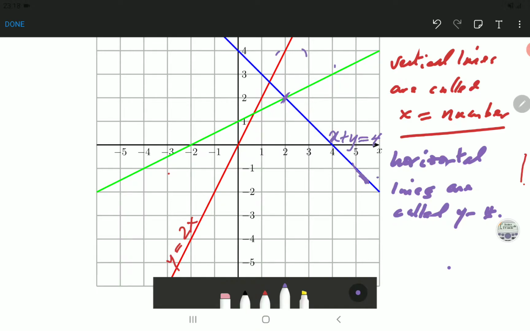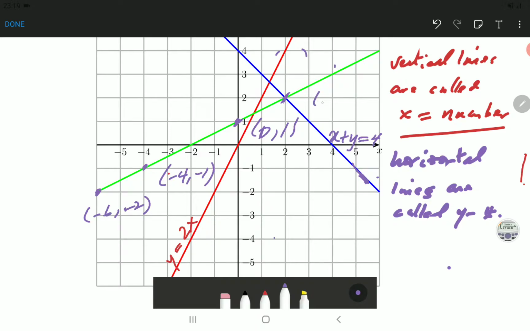Let's take some coordinates of the green line. Right here we have negative 6, negative 2. Here we've got negative 4, negative 1. Going to jump here, we've got 0, 1.